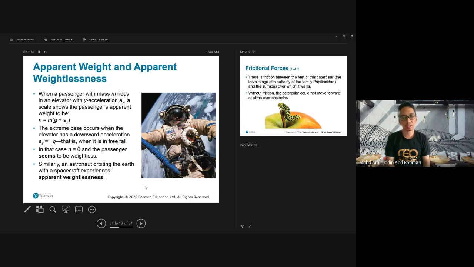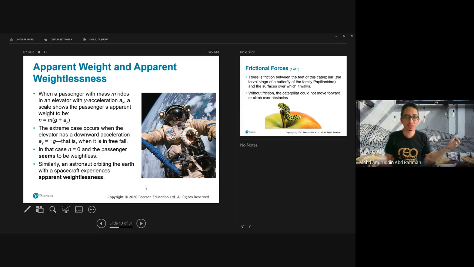apparent weight. Similarly, an astronaut orbiting the Earth in a spacecraft experiences apparent weightlessness. He doesn't feel his body.